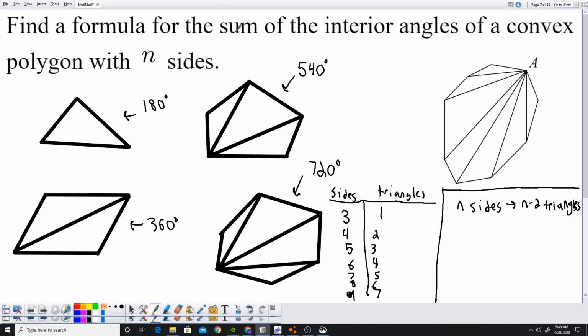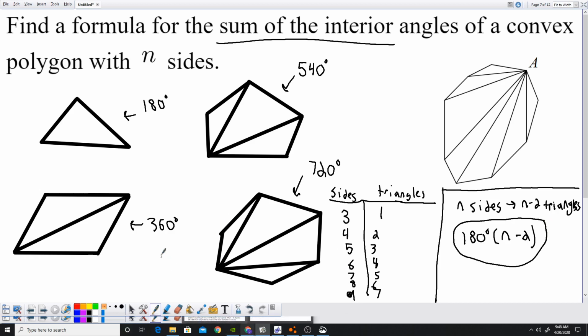So if I want to find the sum of the interior angles of an n-sided figure, my logic would be to take the number of triangles and multiply with 180. So our formula is going to end up being 180 degrees times our number of triangles, which would be n minus 2.